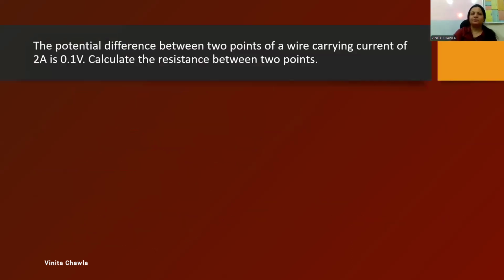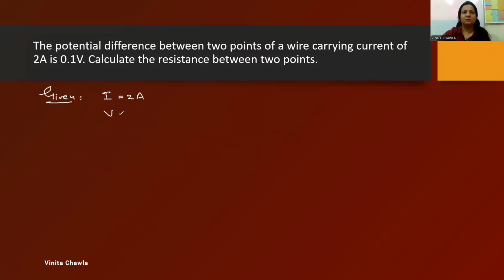Now do this question. The potential difference between 2 points of a conductor wire carrying current of 2 ampere is 0.1 volts. Calculate the resistance between the 2 points. Do this question now. First write what is given to us. Current is given.